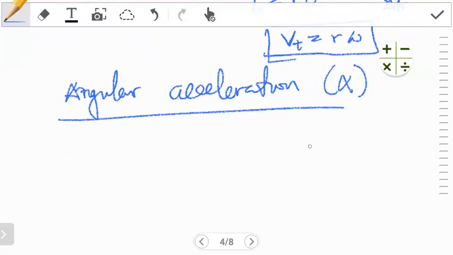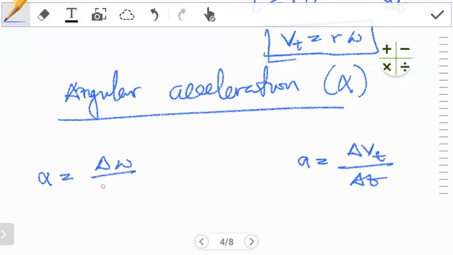For linear acceleration, we had the change in velocity, all tangential or linear, over the change in time. The same thing will apply for angular acceleration. Angular acceleration is defined as the change in angular velocity this time over the change in time.